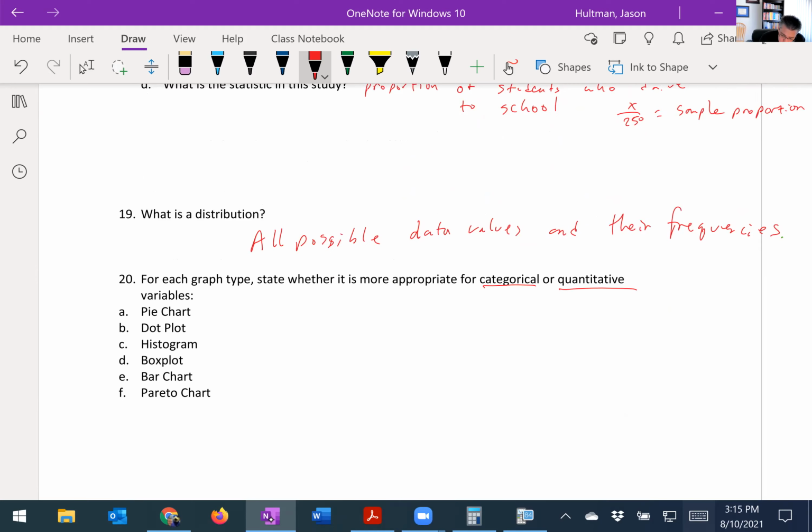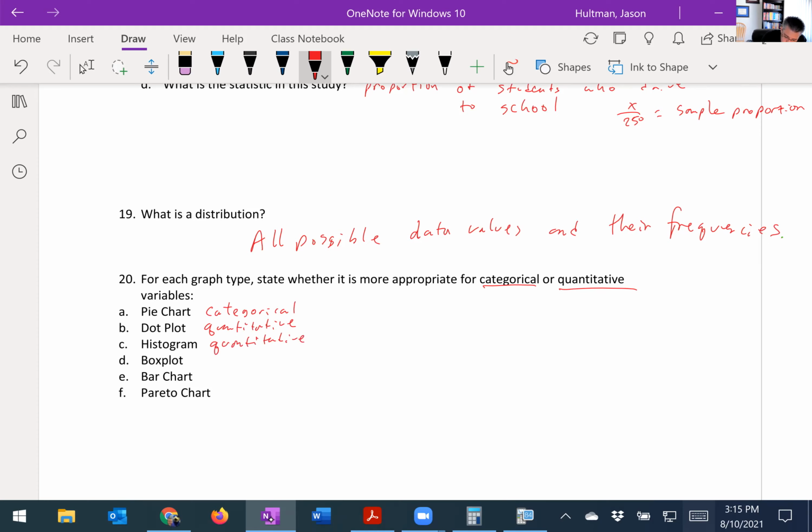Okay, for a pie chart. Well, usually a pie chart is categories. So that's categorical. Okay, a dot plot. That's usually numerical data, or quantitative. Okay, histogram is quantitative. We only use histograms for quantitative.